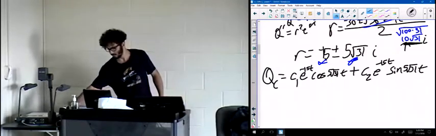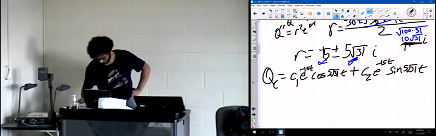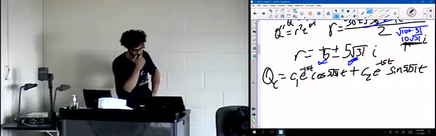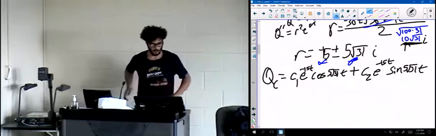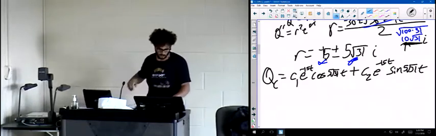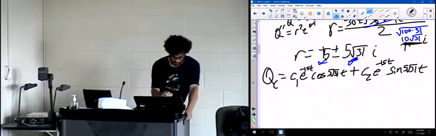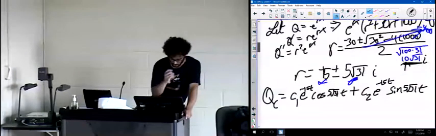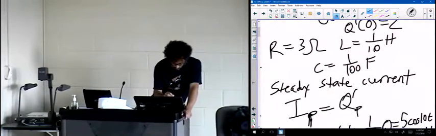Okay. That's looking good. For now, I'm going to leave that as that, because I want to get on with the particular solution, because we haven't done one of those yet, and I want you all to see it.